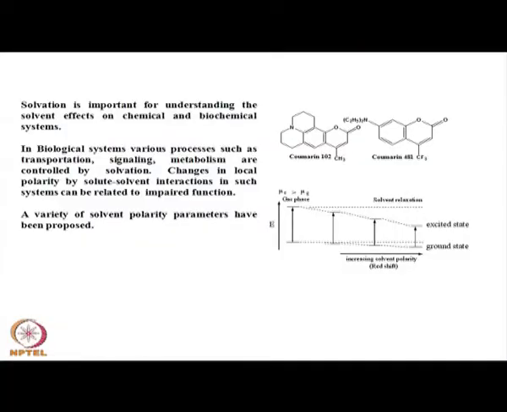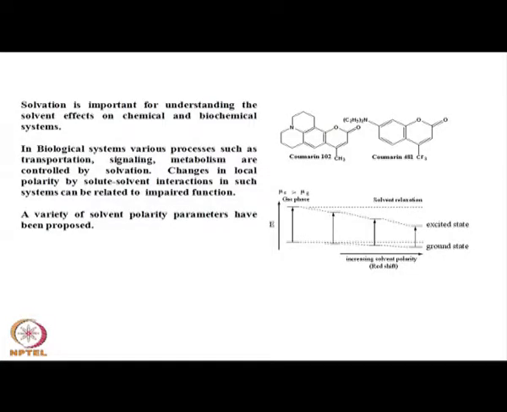Changes in local polarity by solute-solvent interaction in such systems can be related to impaired function. Impaired function means whatever system you are talking about may have impaired function because of this change in local polarity of the molecule in question.